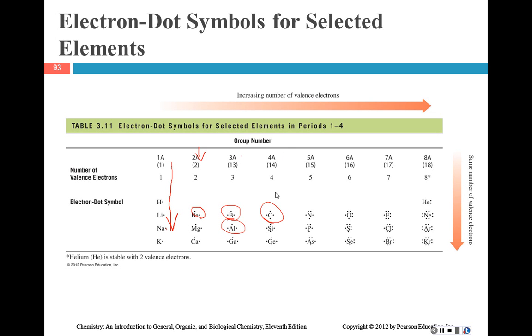Carbon, group 4A, has 4. 5A, you have 5. Notice when we get to nitrogen, since it has 5, we do our first pair up. 6A, where you've got oxygen, now you have 2 that are paired.